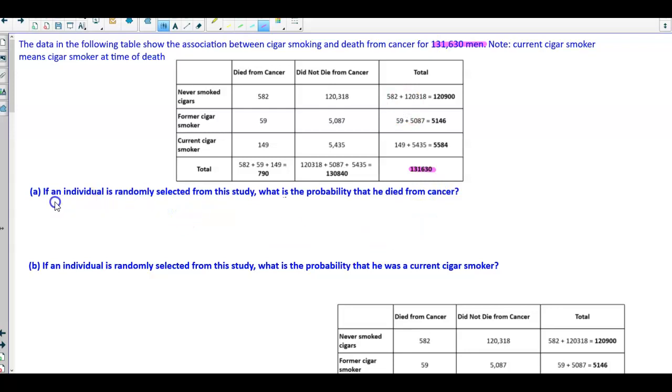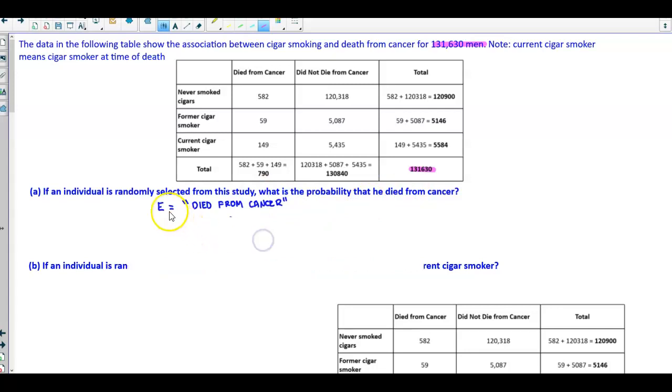Okay. Now, the first question says, if an individual is randomly selected from the study, what is the probability that he died from cancer? So the event is going to be called died from cancer because that's what we're looking for. We're looking for the event of when he died from cancer. So that's the probability of E. Okay. So the probability of that event E is the number of outcomes where they died from cancer.